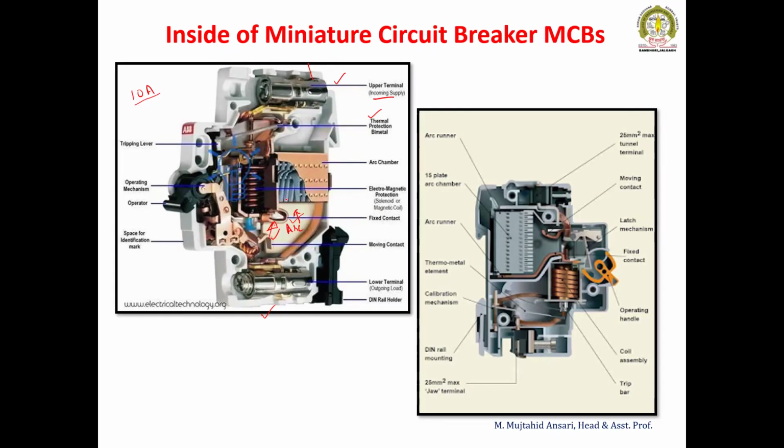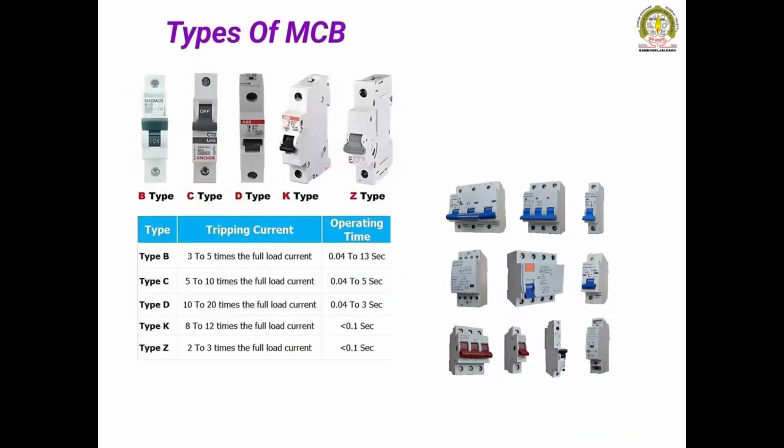If the length of the arc is more, the resistance will be more and it is going to quench out. So that is why there are arc chambers. So an MCB is useful, and it is necessary to connect it between the load and supply terminals.